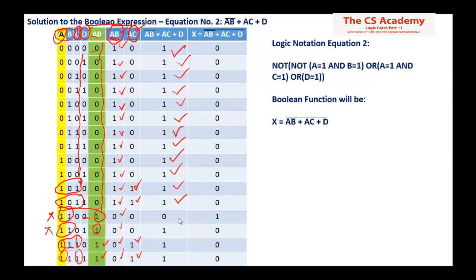So all remain 0, it is okay, right? Again this is 0. Is any value 1? Yes, D is 1, so that is why this is 1 over here. Again AC is 1, then AC is 1. D is 0, (AB)' is 0, and the last value AC is 1, again AC is 1, and D is also 1, right? So this way you have got the column.